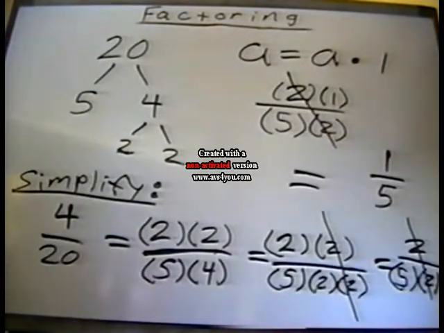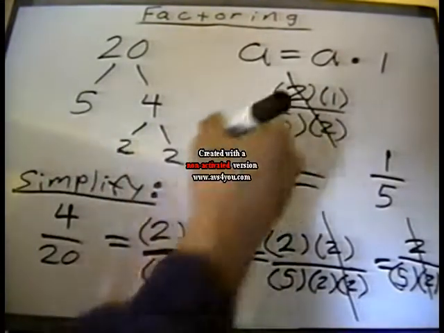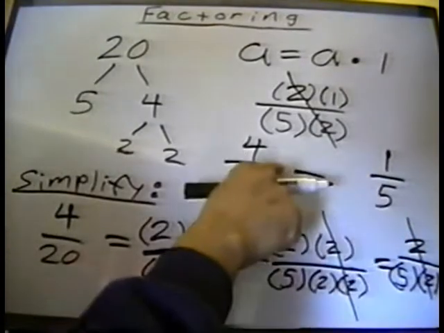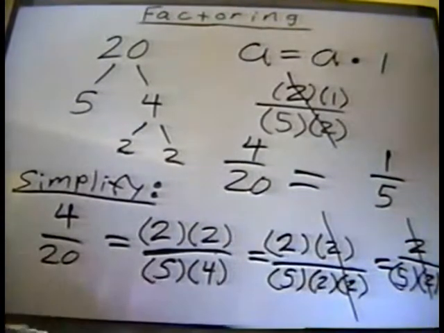Now 4/20 is equal to 1/5. Okay, so 4/20 is equal to 1/5.